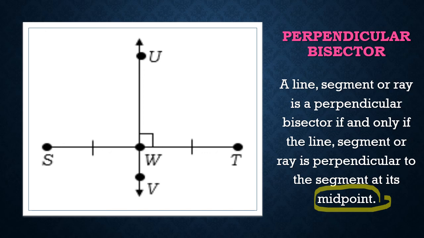As you can see in the illustration, our perpendicular bisector is the line UV, and it intersects at the midpoint, which is the point W. This is the midpoint of line ST. Therefore, they form right angles.